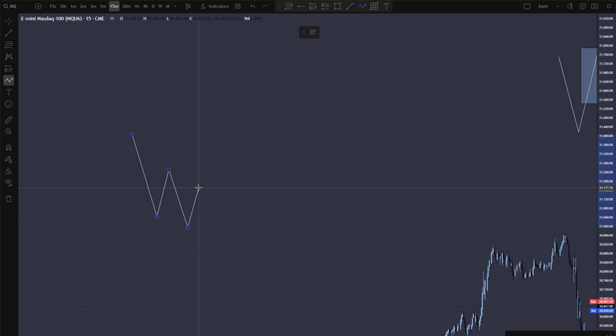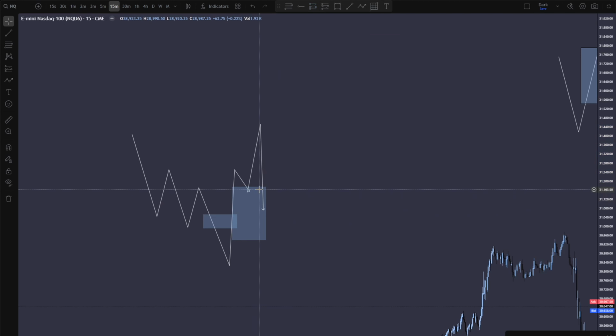So boom, we're down, come down to manipulate, and then boom, we get that nice displacement higher, and then we leave a fair value gap. So say there was a fair value gap here, we inversed it and broke structure, right? And now we're looking for a new unfilled fair value gap here.